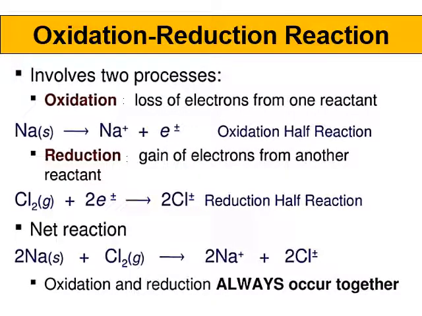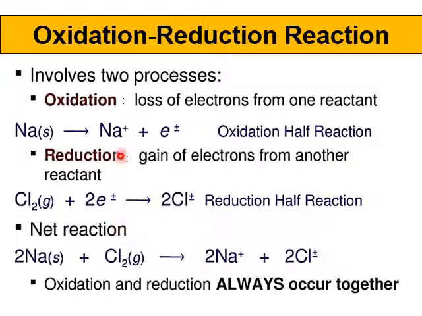For example, we have Na in solid form, which has been oxidized to Na+, and it also produces e-. This is the oxidation half reaction, while reduction means gaining electrons from the other reactant. For example, chlorine gas can gain 2 electrons to become Cl-. So this one is known as the reduction half reaction.